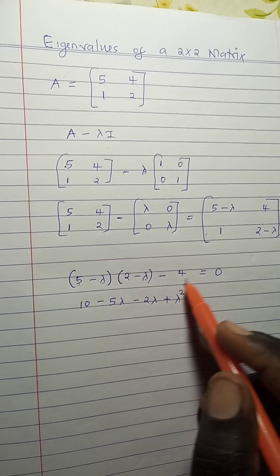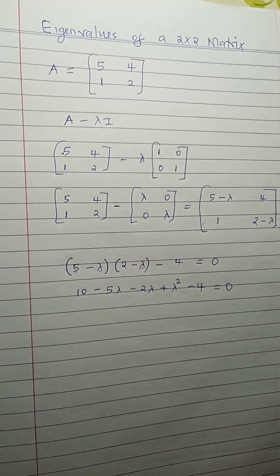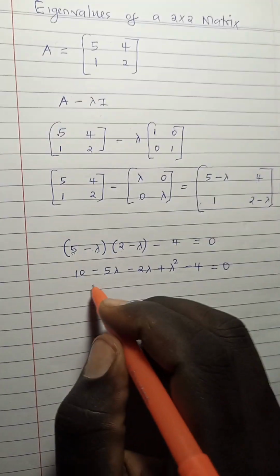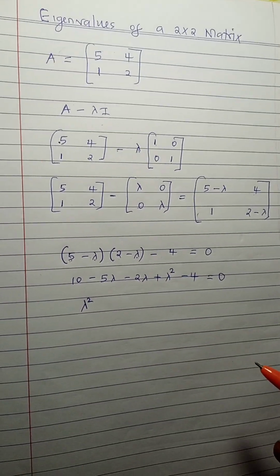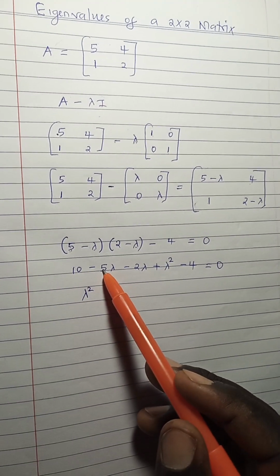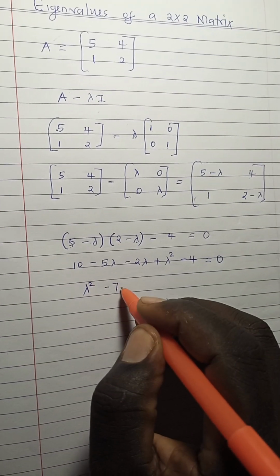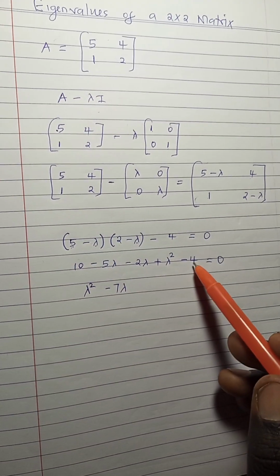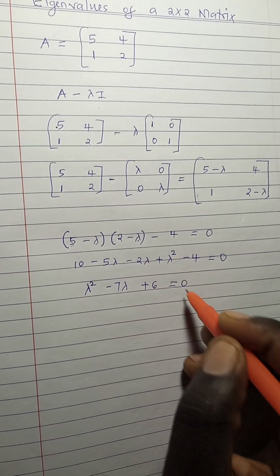Then minus 4 equals 0. Now let us collect the like terms. We have lambda squared, then negative 5 lambda minus 2 lambda will be negative 7 lambda, then 10 minus 4 will be positive 6, equals 0.